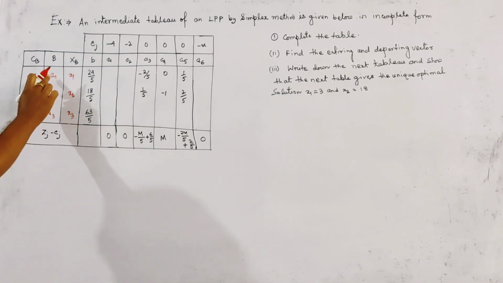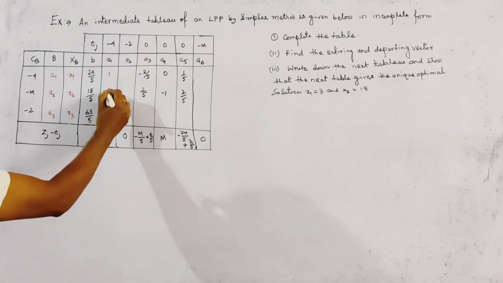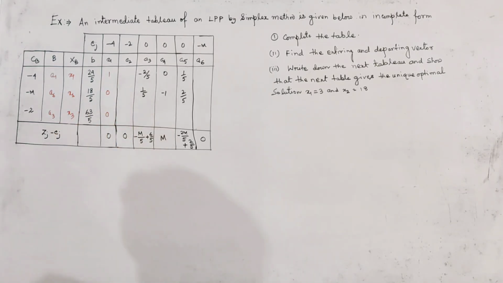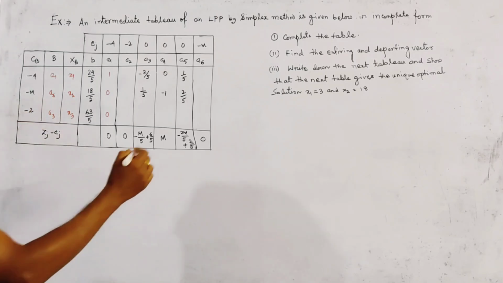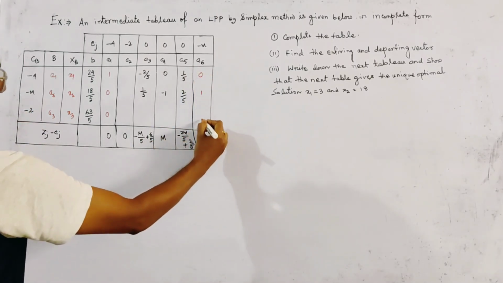Since A1 is in the first basis, the form of A1 is the standard basis vector of 3 dimensions, the first standard basis 1 0 0. A6 is in the second basis, so the form of A6 is 0 1 0.